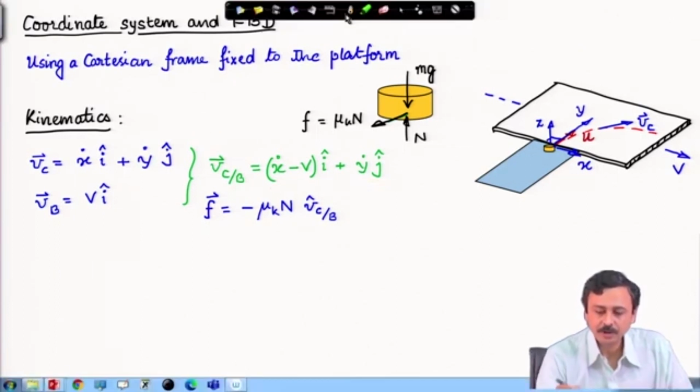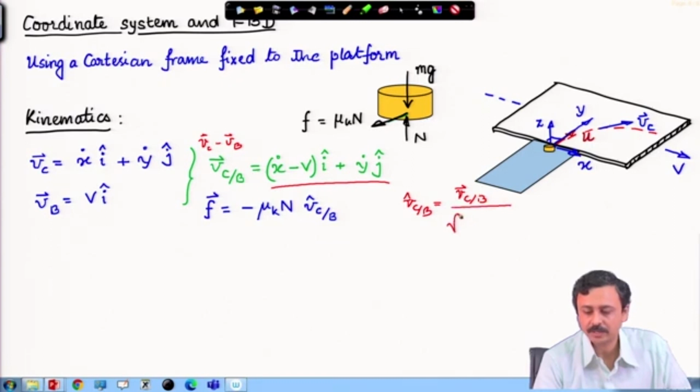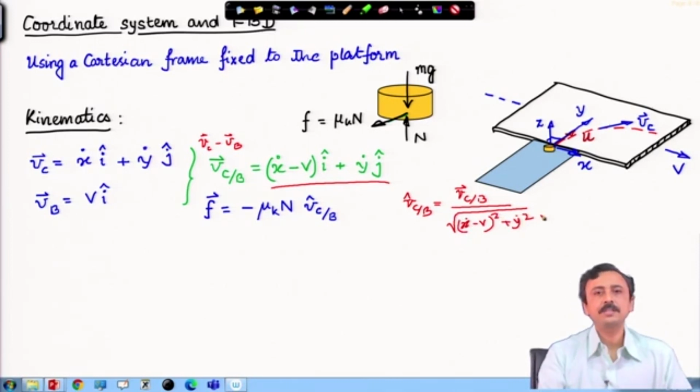That can be found easily: this V c with respect to B unit vector is nothing but the vector itself, V c relative to B, divided by its magnitude, and the magnitude is square root of (x dot minus V) whole square plus y dot square. That gives us the unit vector.